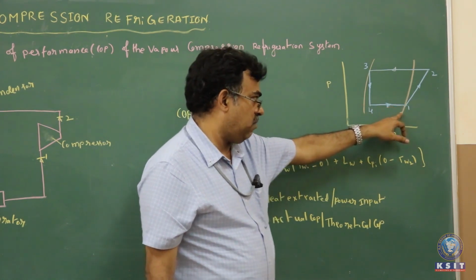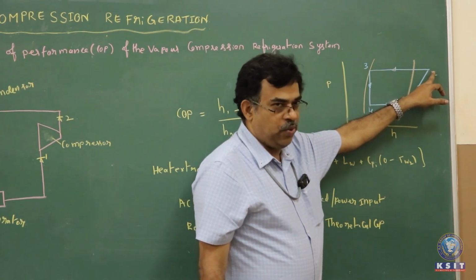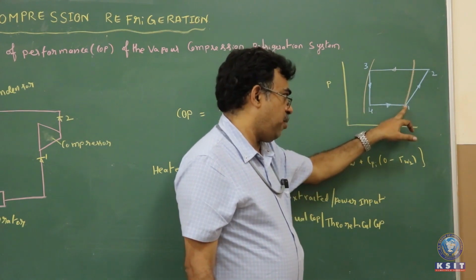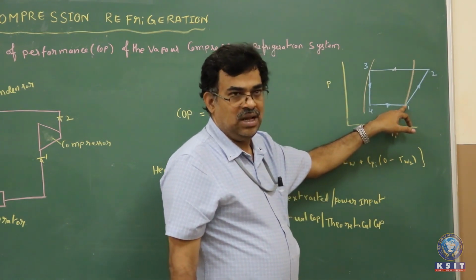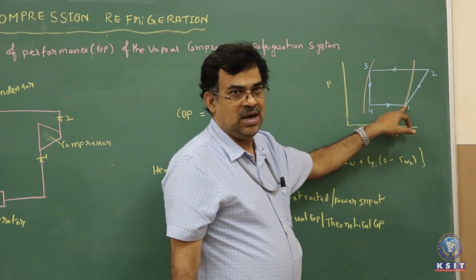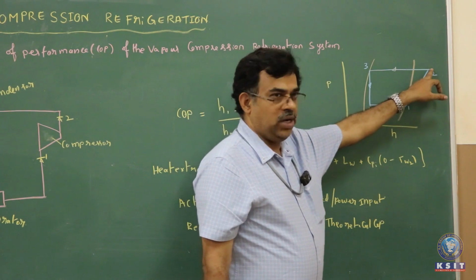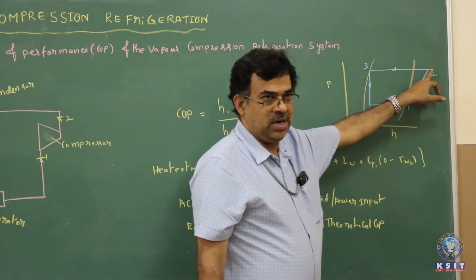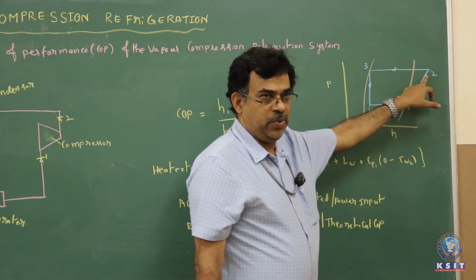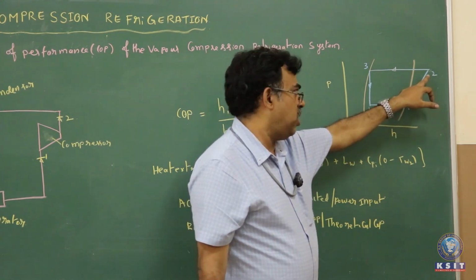From point 1, you draw the inclined line to point 2, up to the maximum pressure, where it intersects. So 1 to 2 is the isentropic process, and the entropy remains the same.